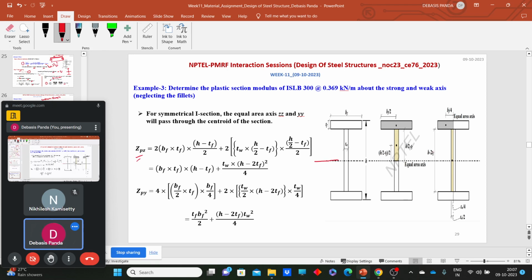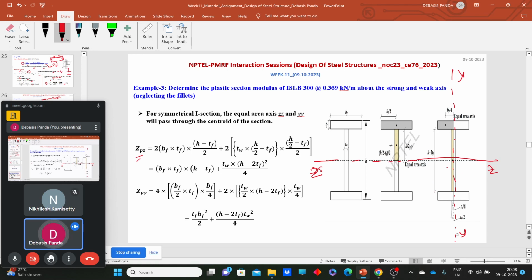So here you can see, if we consider this is the ZZ axis for a particular section, and let's say this is your YY axis. First, we need to calculate two plastic sectional moduli, about YY and about ZZ.